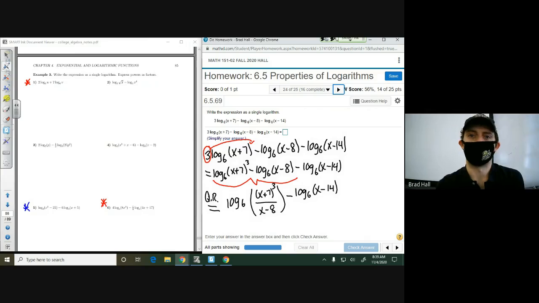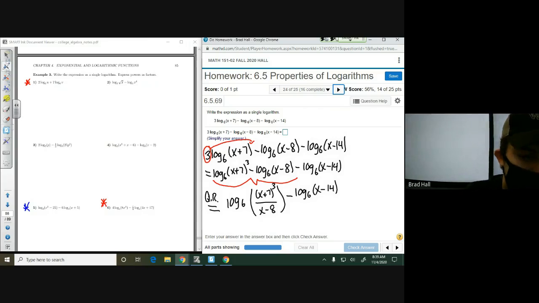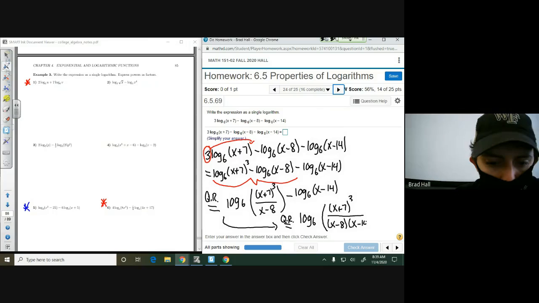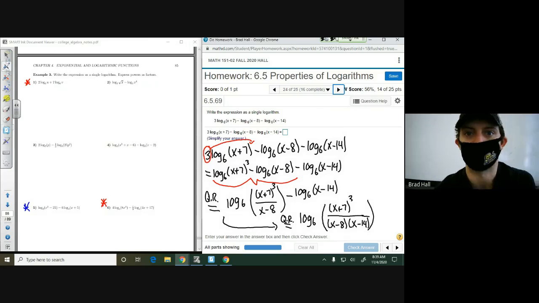And now to combine these 2 logarithms together, it's the same idea, but we're going to rely on a little bit of algebra. You can combine these together as 1 logarithm, which instantly sends the x minus 14 to the denominator, because we're dividing a fraction by a number, and that number is going to end up in the denominator.